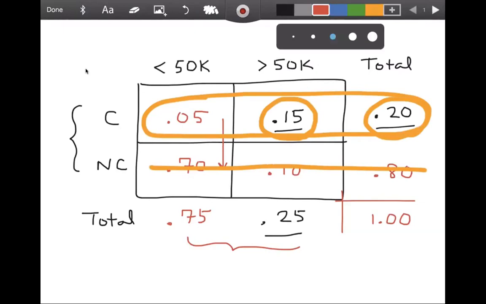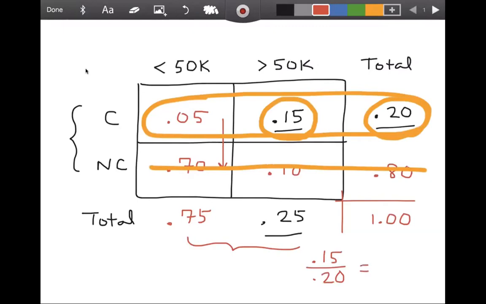So intuitively, this probability should be 0.15 over 0.20, which comes out to be 75%. Okay. So given the fact that the person is a college graduate, the probability that they earn more than $50,000 a year is 0.75. So now let's go back to the presentation, see how to do that with the formula.